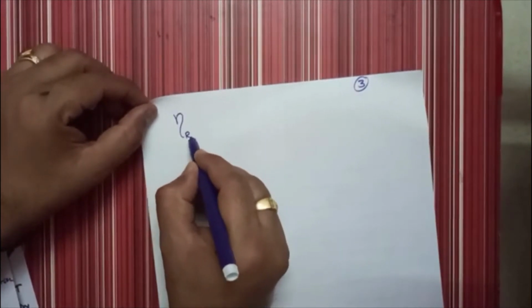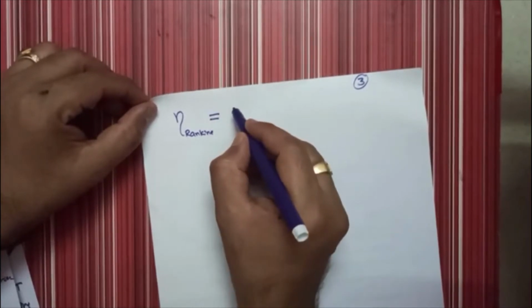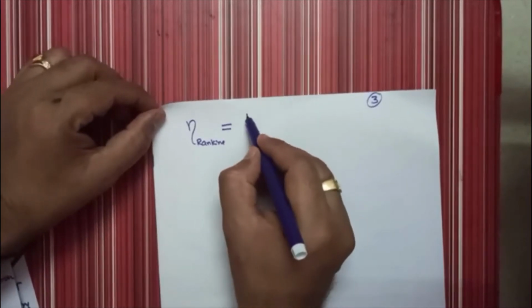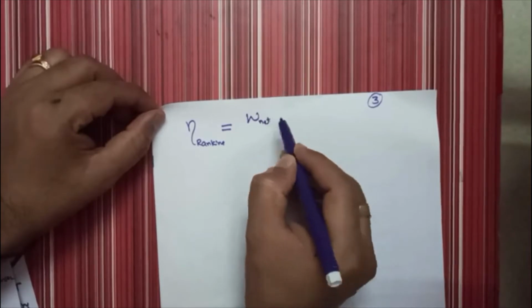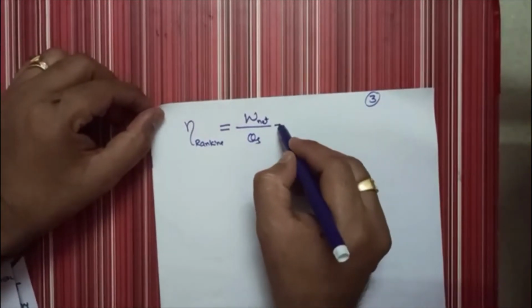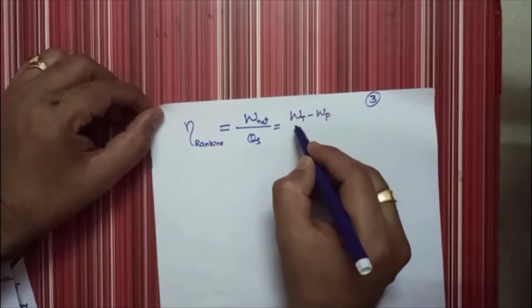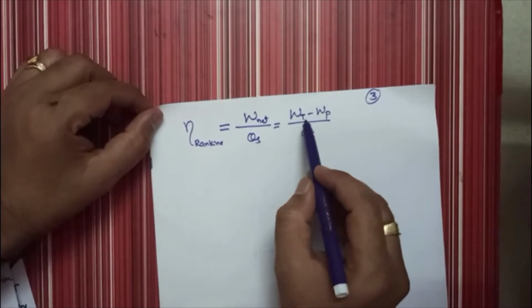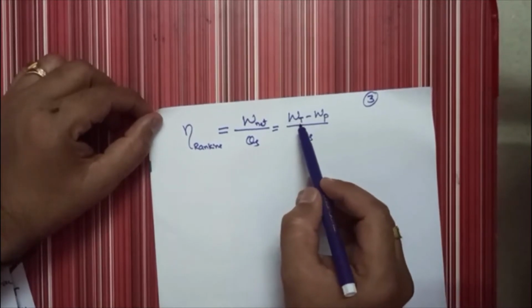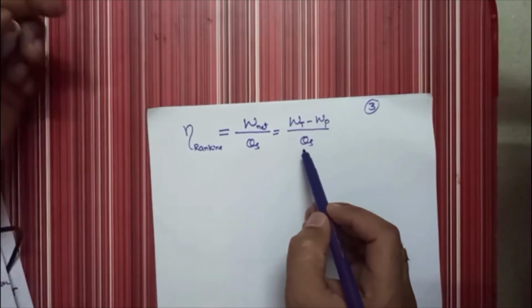Efficiency of Rankine cycle is the one formula we will use. So efficiency of the Rankine cycle will be calculated as net work done divided by heat supplied. Net work done is WT minus WP, divided by heat supplied. What does it mean? Work done by the turbine minus work done on the pump, divided by heat supplied.